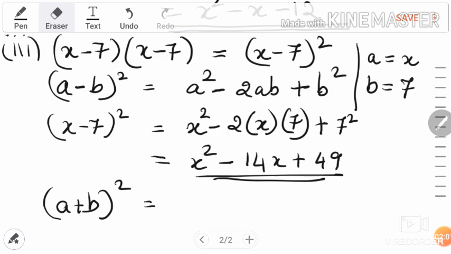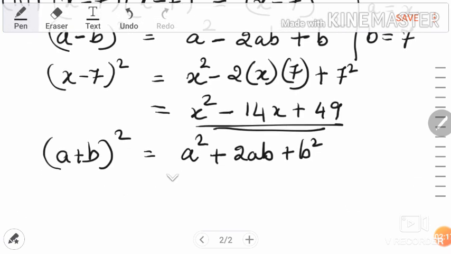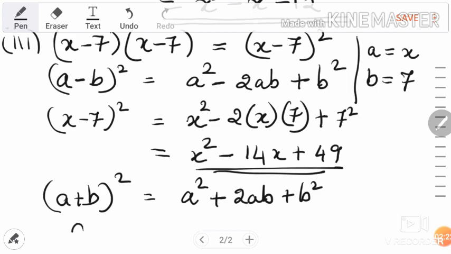We could do the same question using the identity (a + b)², that is a² + 2ab + b². So in the above question, a will be x and b will be -7.